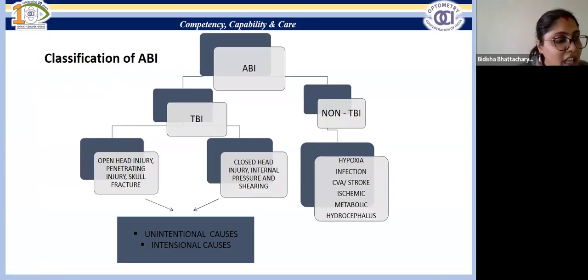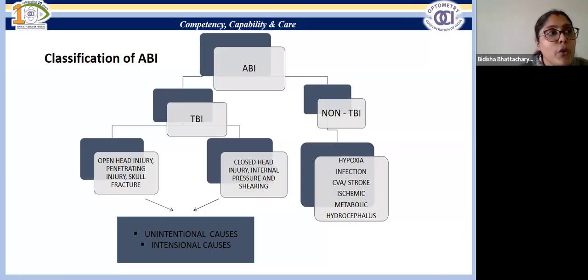Acquired brain injury, or ABI, is an umbrella term emphasizing that these conditions appear suddenly and result in neurological dysfunctions. ABI is classified into two main categories: the first is traumatic brain injury, and the second is non-traumatic brain injury.